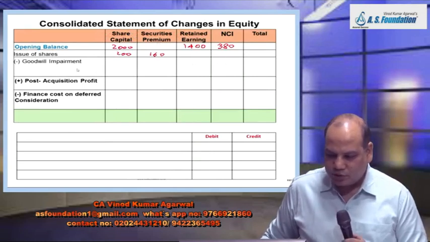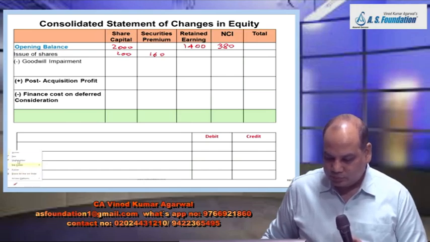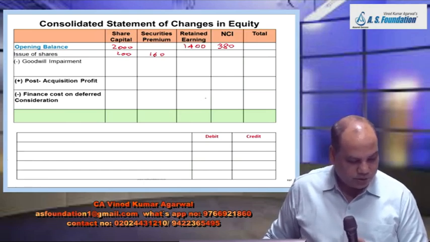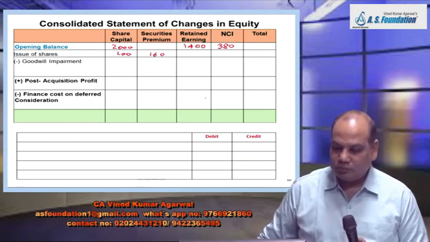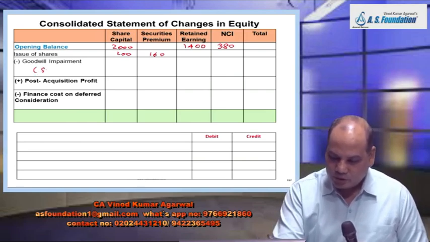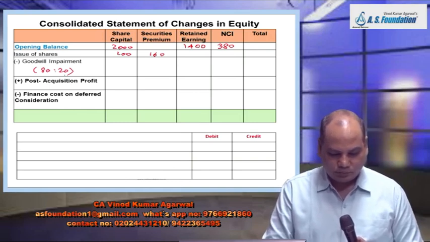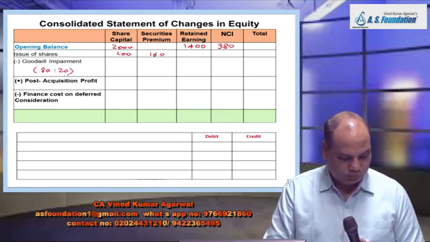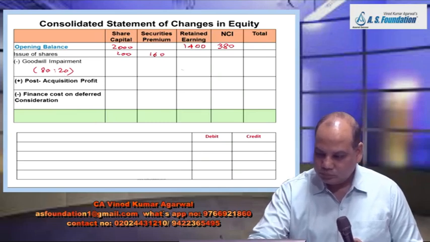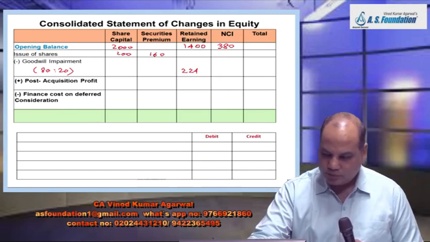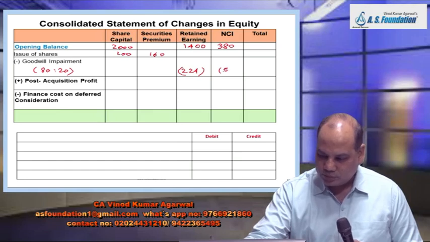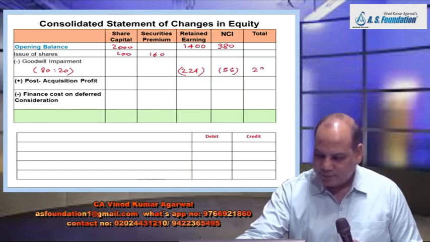So write down less goodwill impairment. What is their shareholding percentage? 80-20. In the ratio 80:20. How much is that? 224, 56, 280.